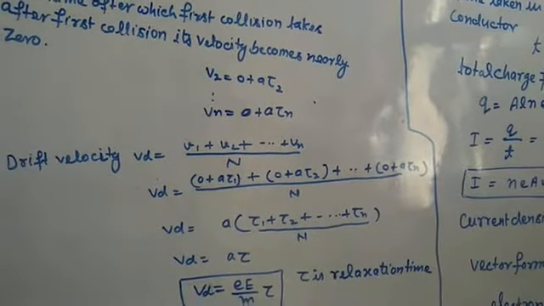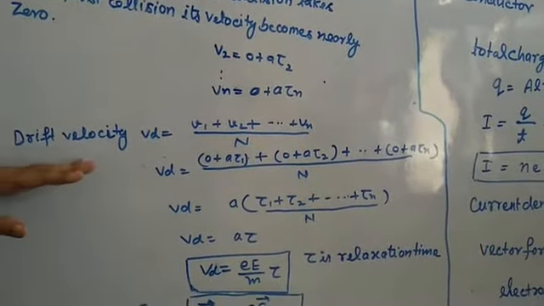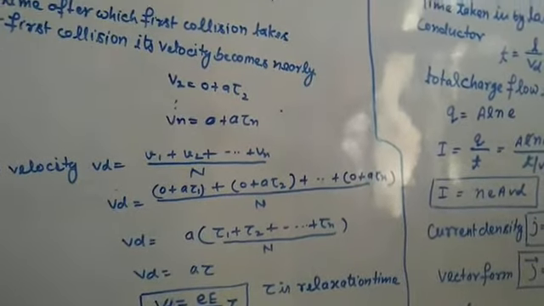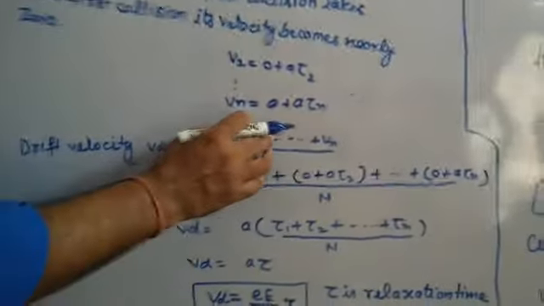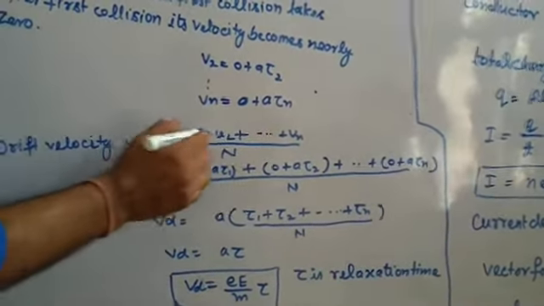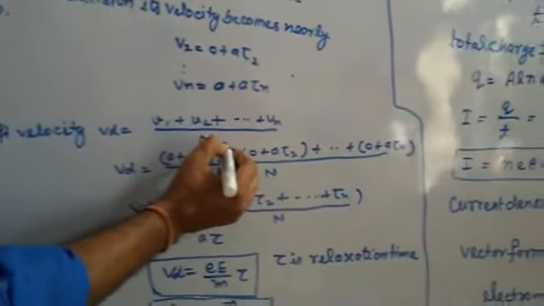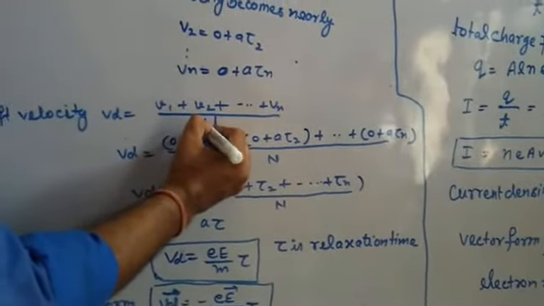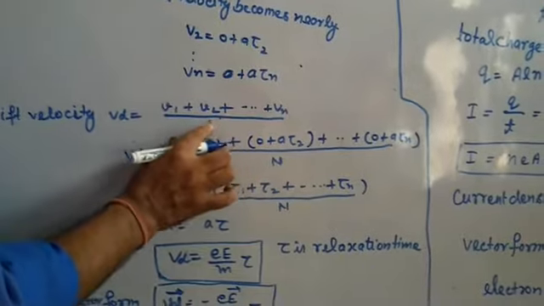According to the definition, drift velocity is the average velocity: v1 plus v2 plus v3 plus dot dot plus vn upon N, where capital N is the number of collisions.